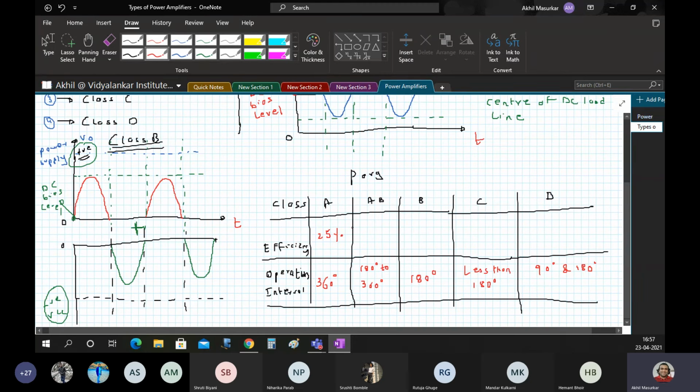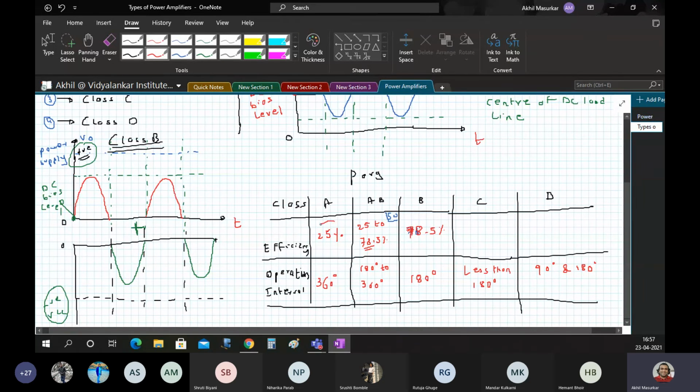For class AB the efficiency is somewhere between 25 and 78.5, typically around 50%. For class B it is 78.5, and I will derive this in class.